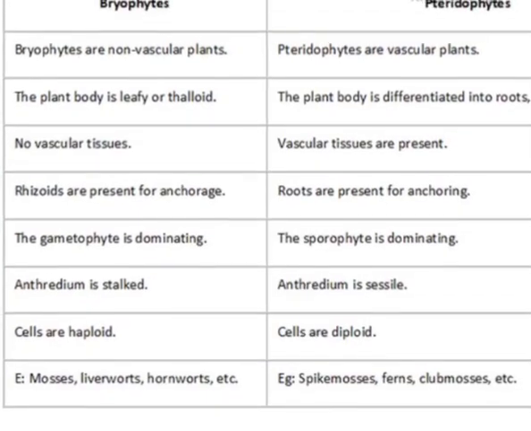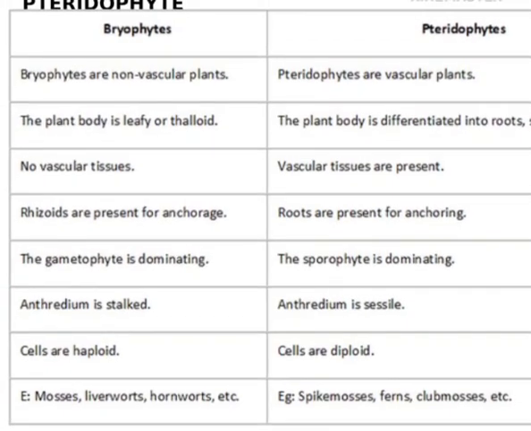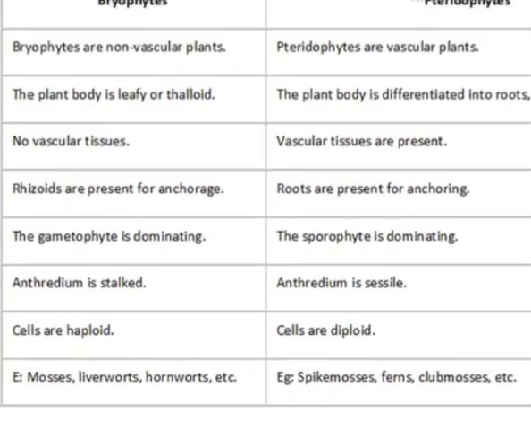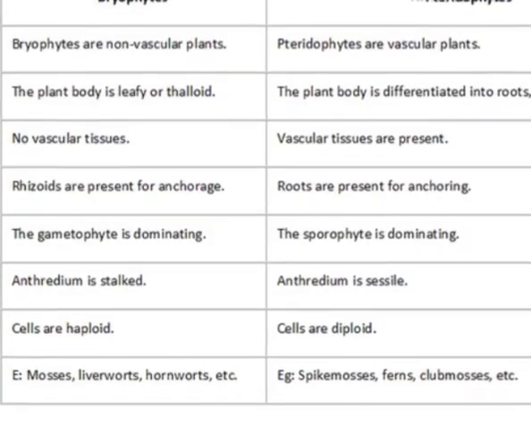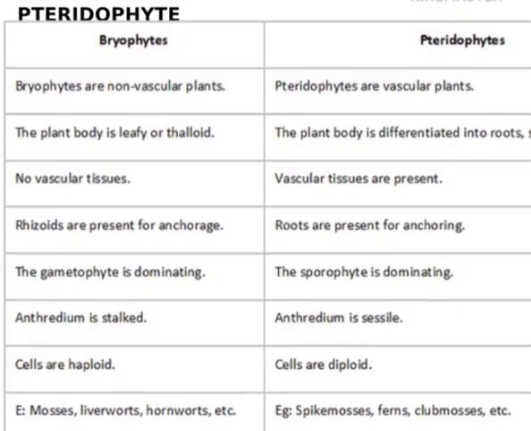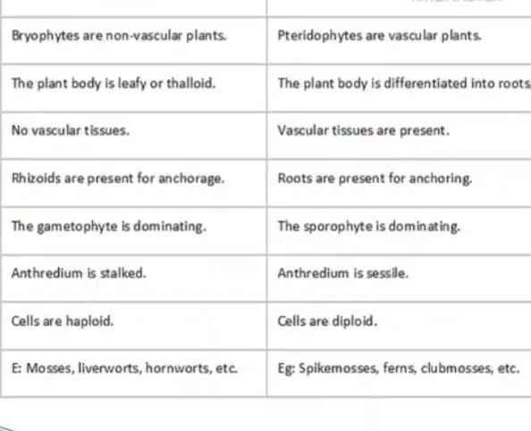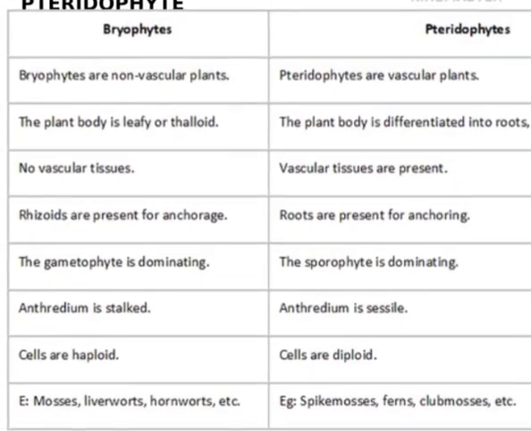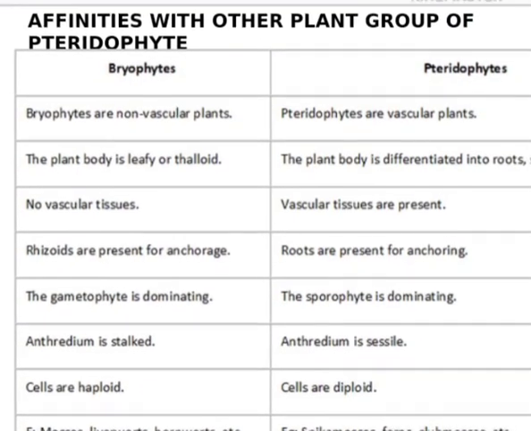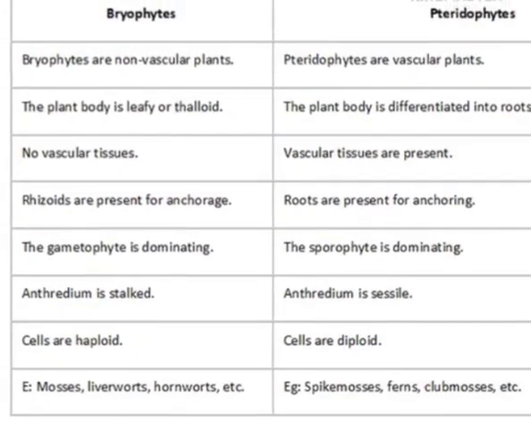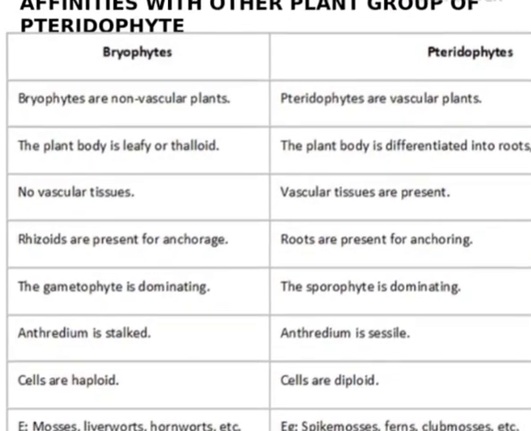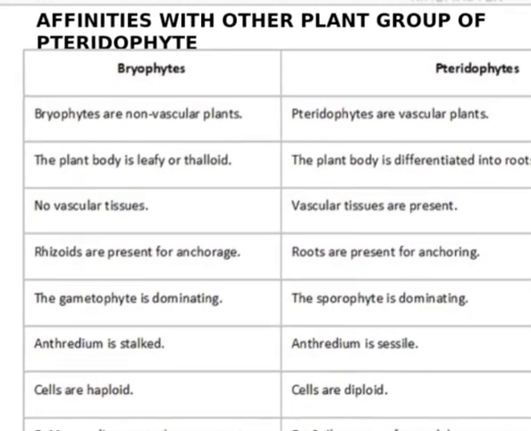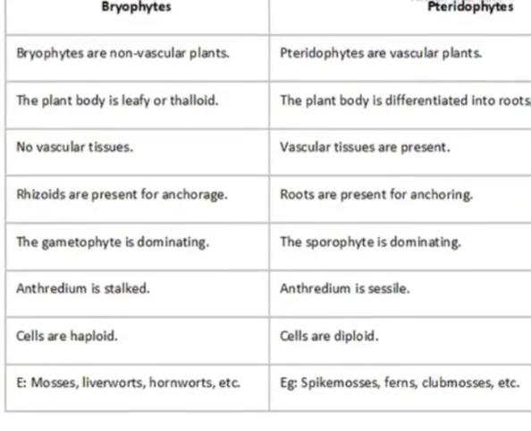So you can differentiate different pteridophytes here. This is the diagram of the structure of different pteridophytes. Now the difference between pteridophytes and bryophytes. Bryophytes are non-vascular plants, whereas pteridophytes are vascular plants. The plant body of bryophyte is leafy or thalloid, whereas in pteridophytes the plant body is differentiated into roots, leaves and stem. In bryophytes there is no vascular tissue, whereas in pteridophytes vascular tissues are present.